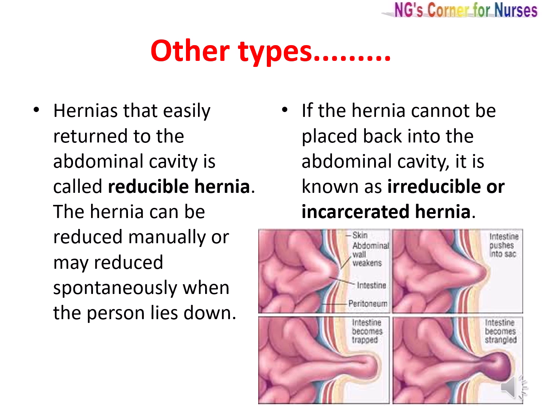It is an uncomplicated hernia. And if the hernia cannot be placed back into the abdominal cavity, it is known as irreducible or incarcerated hernia. The word incarceration means the state of being confined. These are the most complicated hernias.